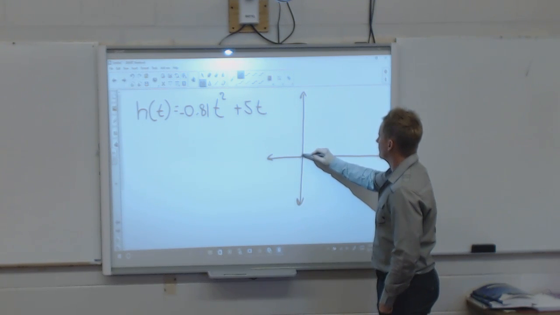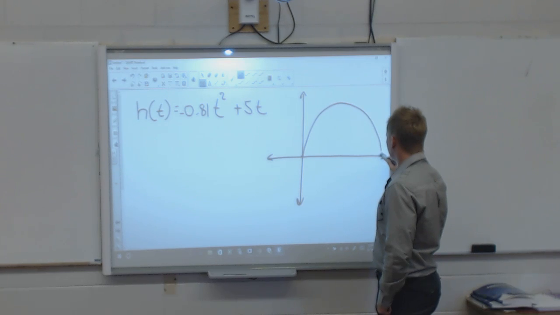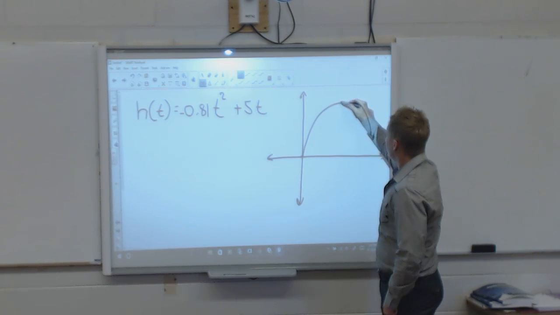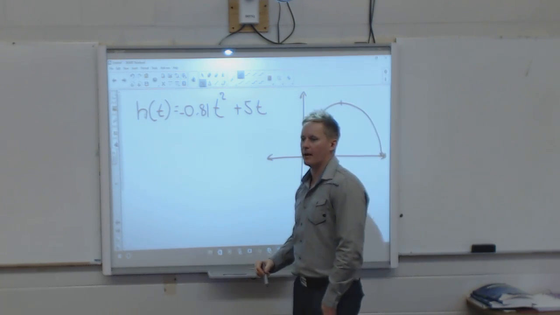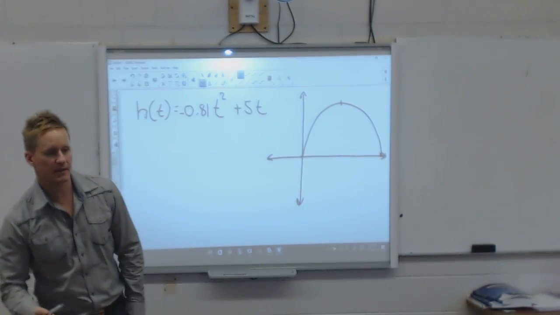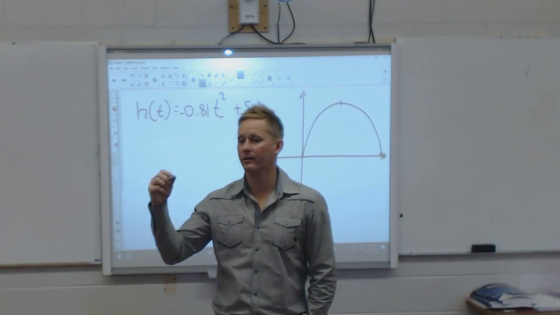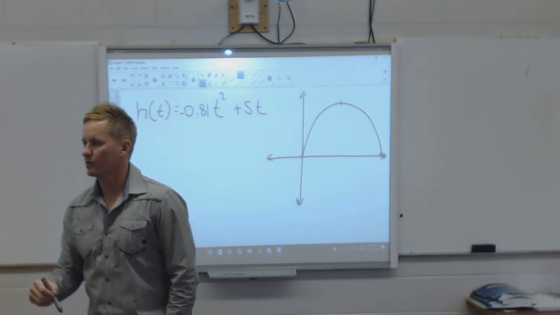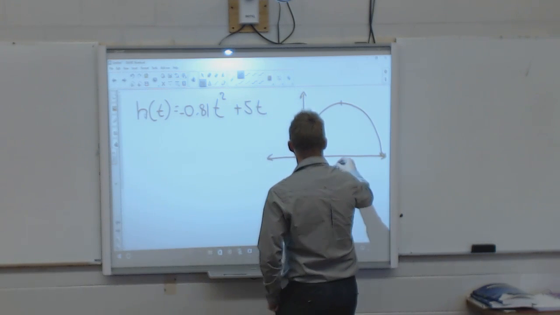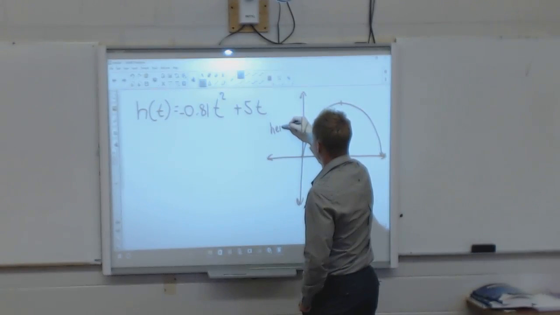Then the ball's going to go up, and it's going to return back down. What do you know about the time it takes to get up and the time it takes to get down? Should be equal. It's going to be exactly the same, right? Because the only thing affecting it going up is gravity, and the only thing affecting it going down is gravity. So the time, this is my x-axis here, that's my time, this is my height.